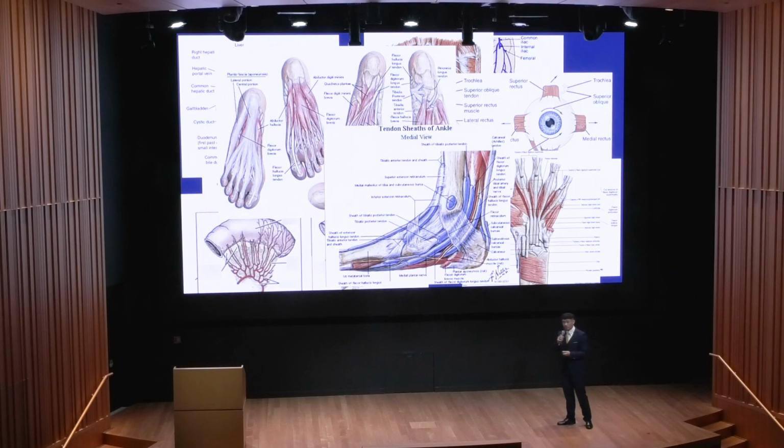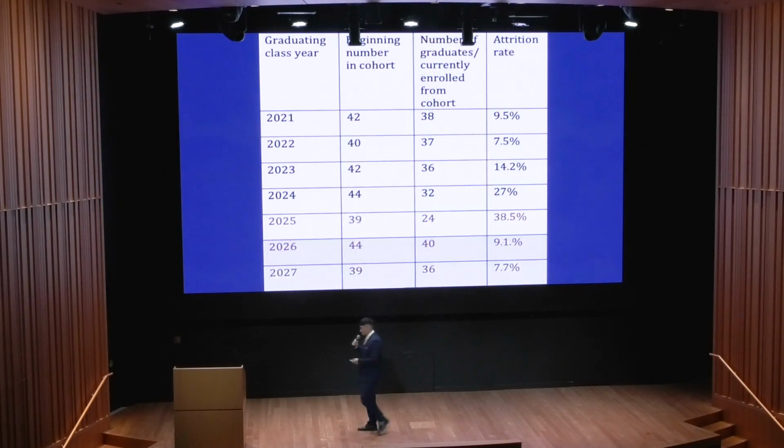Now, before we take a deeper dive into talking about student engagement, let's briefly talk about how I got into the position in the first place. So, right around when COVID started, PT students were struggling to learn effectively. And as we see here, the student dropout rate rose above 10% for the class of 2023. We see that rate increase over the next 2 years, but then we also see that same rate go down.